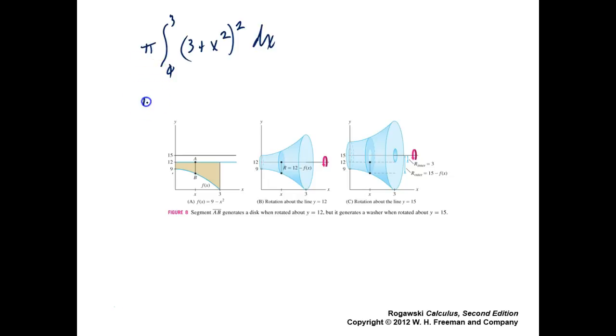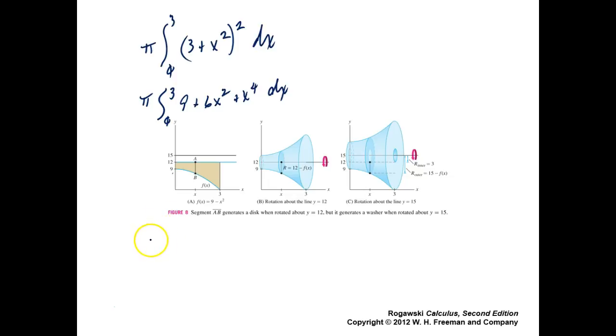So what would this be? Pi times the integral from 0 to 3 of 9 plus 6x squared plus x to the 4th dx, okay?